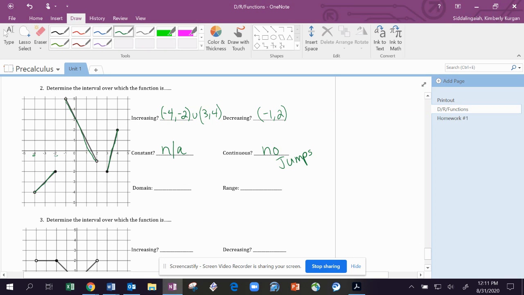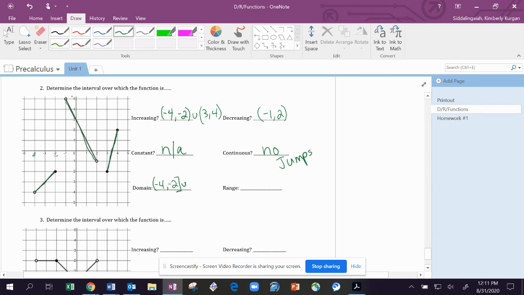All right, our domain is also going to look a little weird. So our domain, we have 3 pieces. So kind of an interesting one to look at here. So our first domain, we have an open dot and then a closed dot. So that means we're going to do parenthesis, -4 to -2, bracket, union.